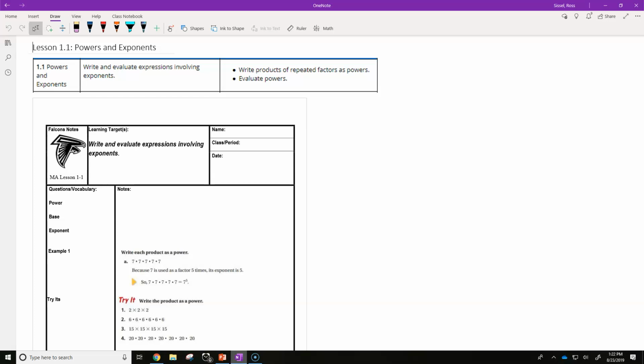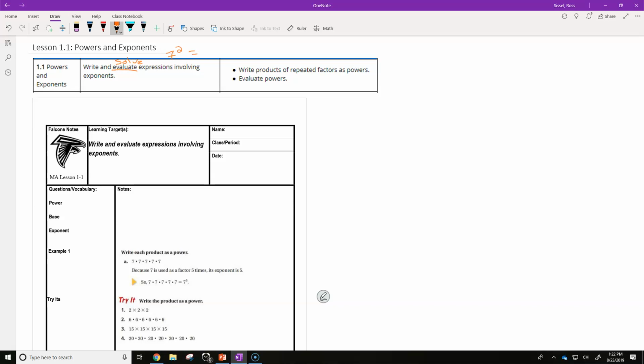So, write and evaluate expressions. If we break this down, what our learning goal is telling us today is evaluate means to mainly like solve. And expressions involving exponents, one, we are going to solve expressions like 7 squared.